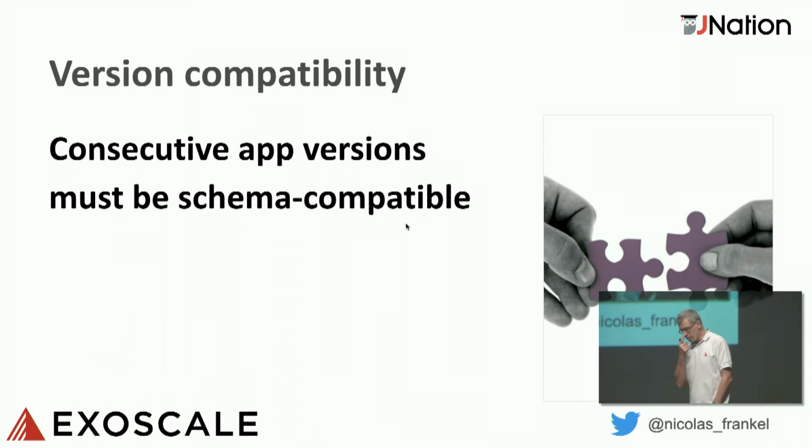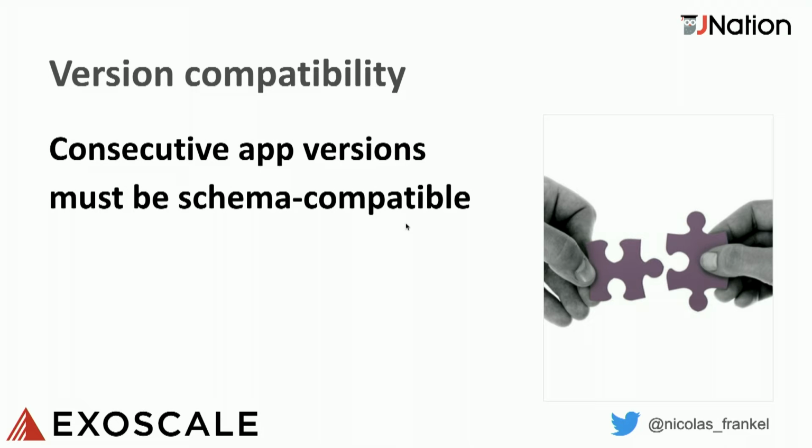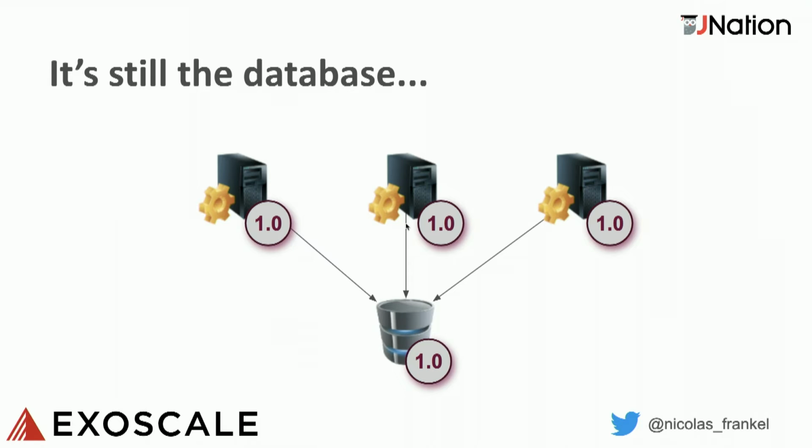So let's say that what we could do is make the software compatible with database changes. Let's say that our application 2.0 can work with the 1.0 schema, which is good. So we roll out, and now everything is fine.